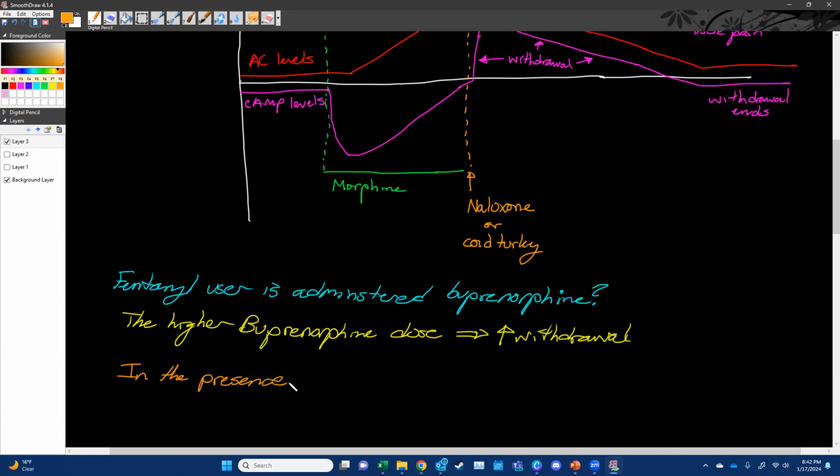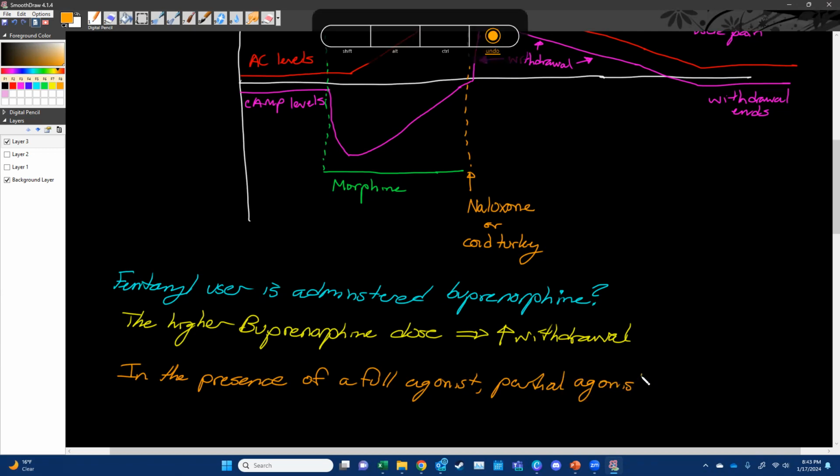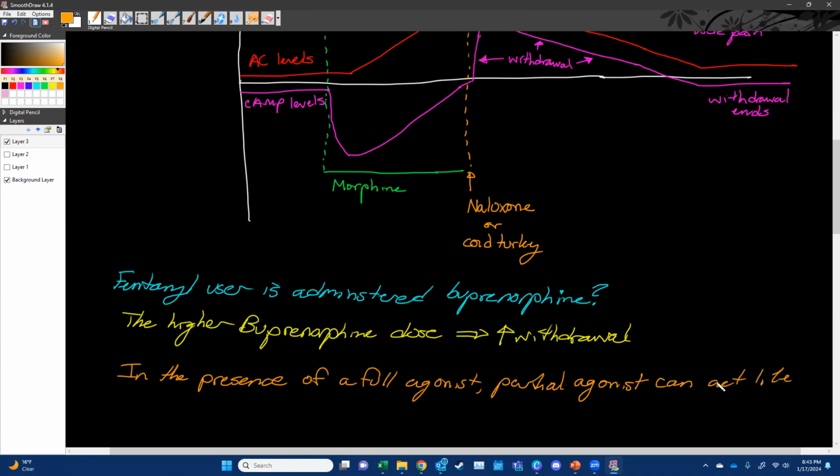Remember way back in exam one, semester one, we talked about how in the presence of a full agonist, partial agonists can act like antagonists. Remember that?